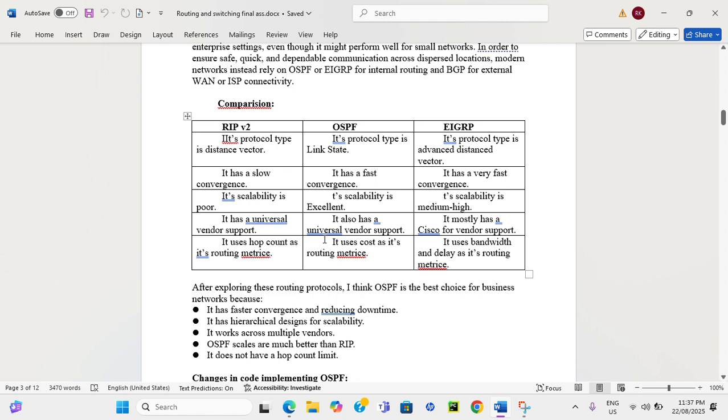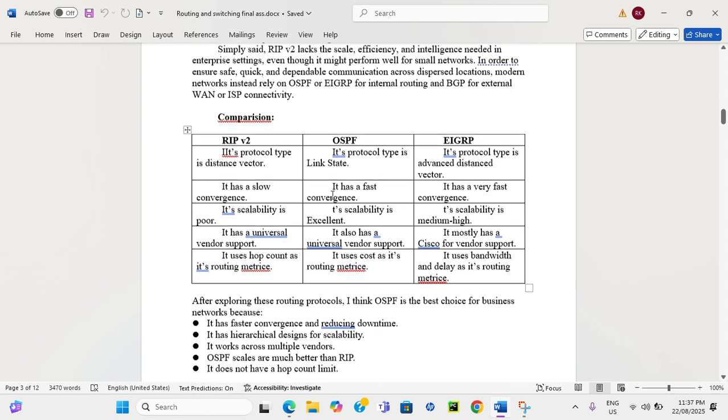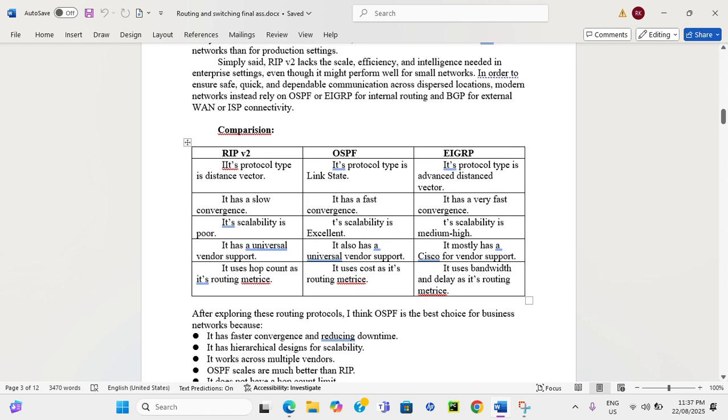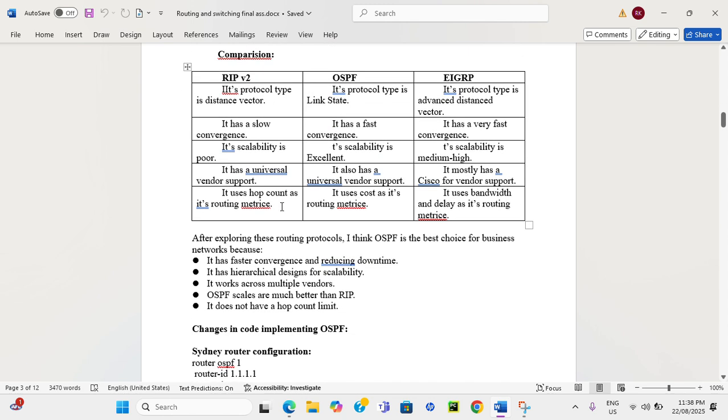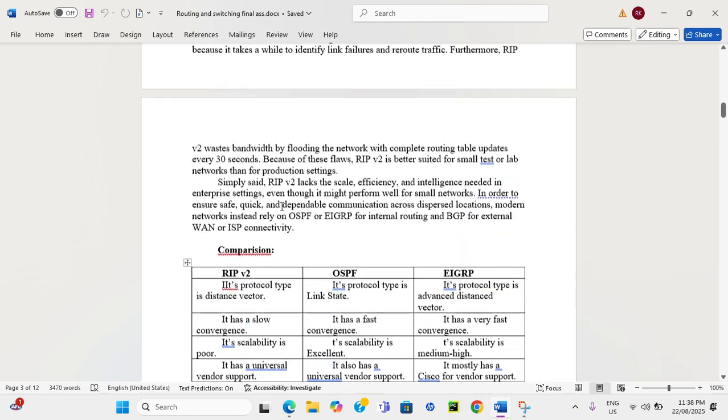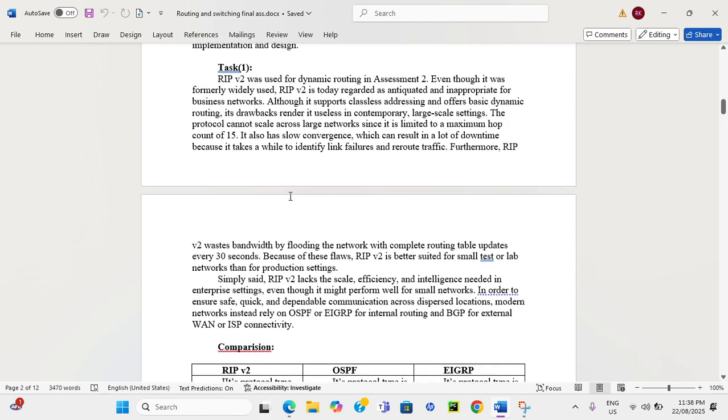It scales effectively for medium-sized to large networks, unlike RIP, which has only a 15 hop limit.